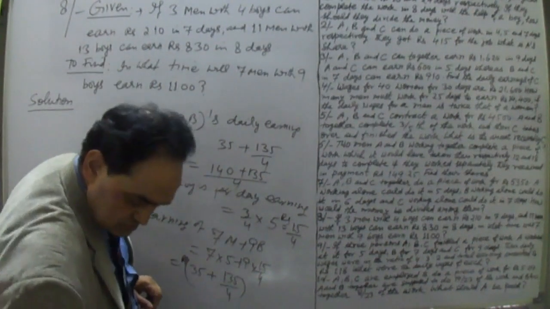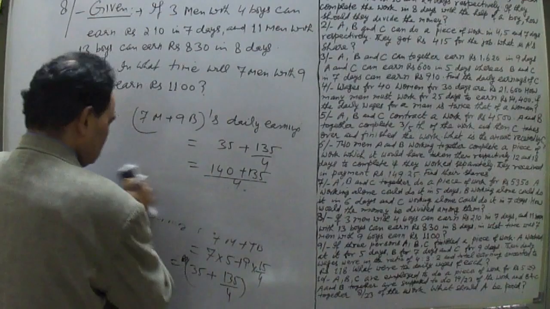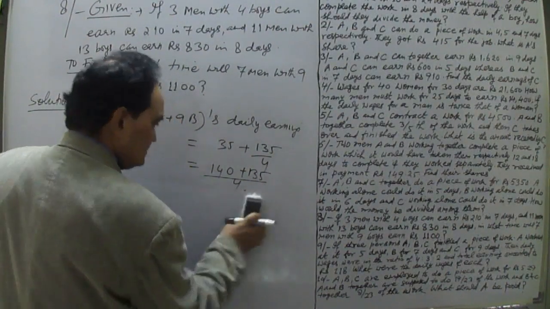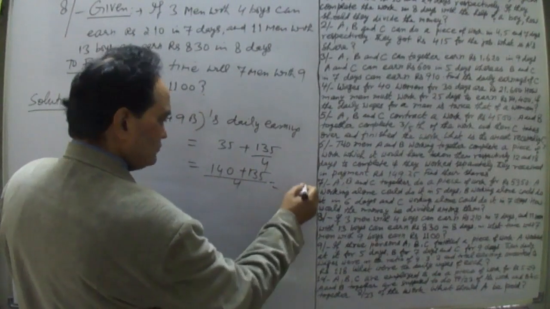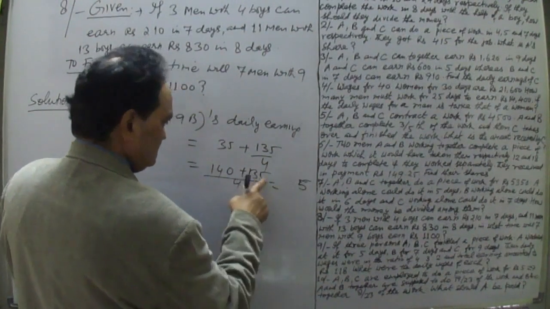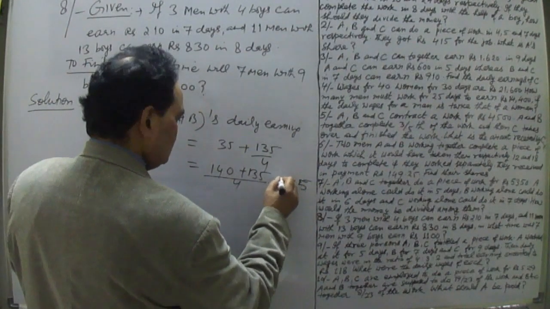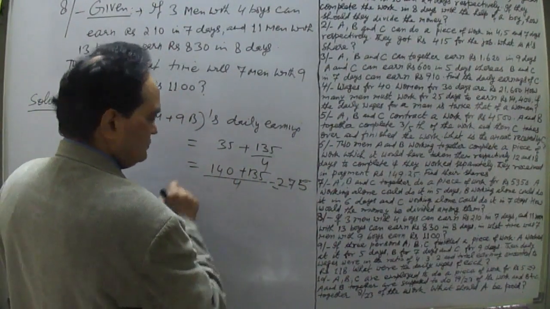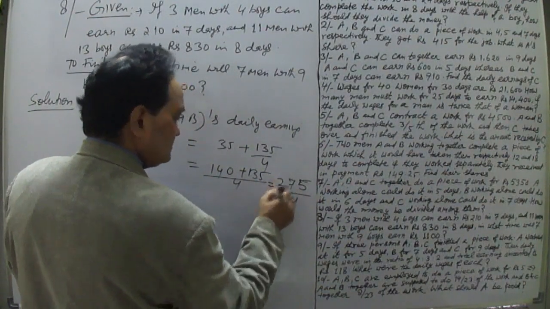So this is their per day earning. Then in how many days will they earn rupees 1100? That is the point. Let me solve it. This is 5 here, 3 plus 4 is 7, 275, 1 plus 1 is 2. 275 upon 4. This is their per day earning, and this is in rupees.